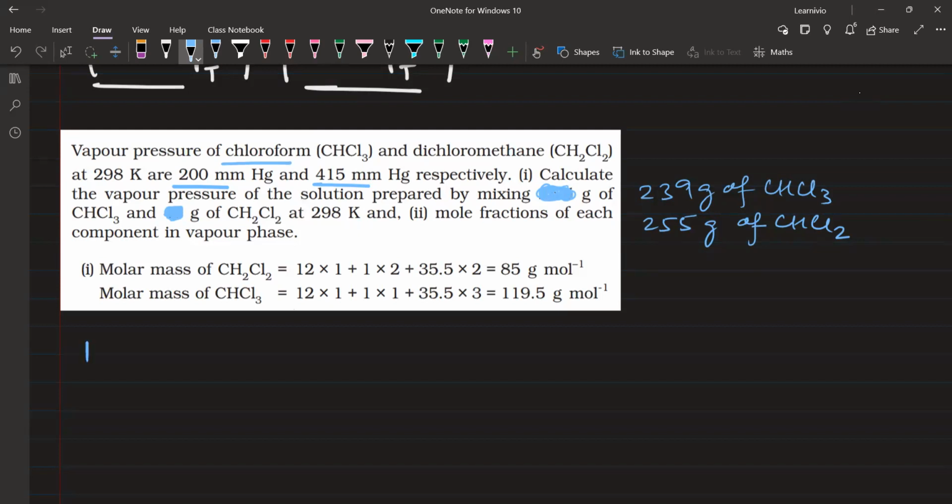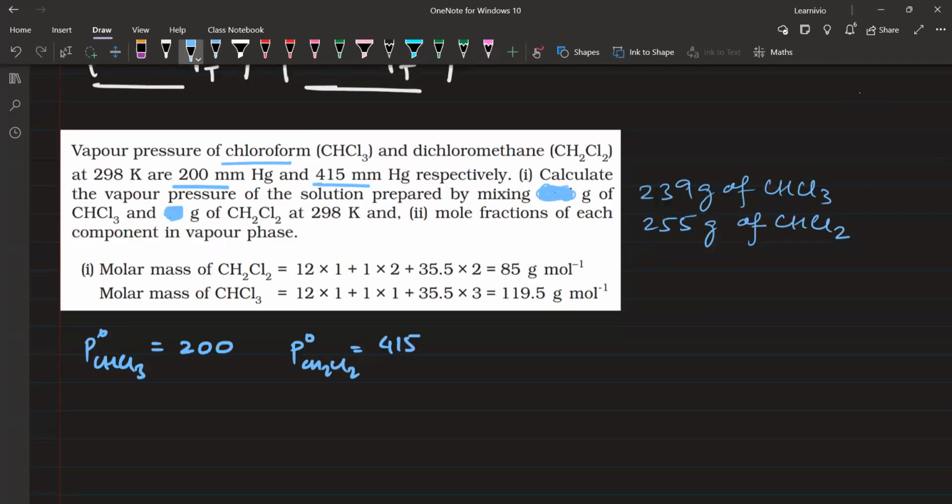So that means we are getting the P naught of CHCl3 equal to 200 mmHg. All of these will be in mmHg, it will not be a problem. Then we have P naught of CH2Cl2, given as 415 mmHg.